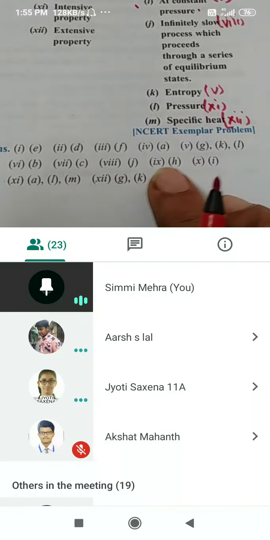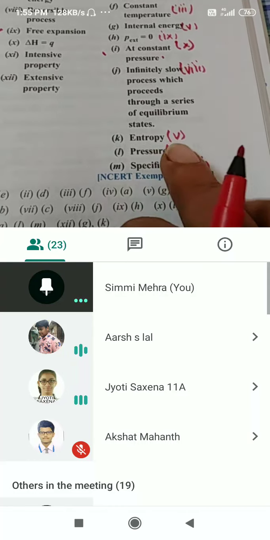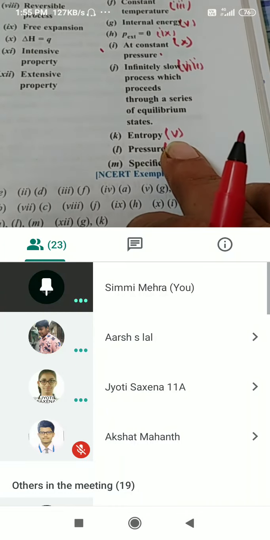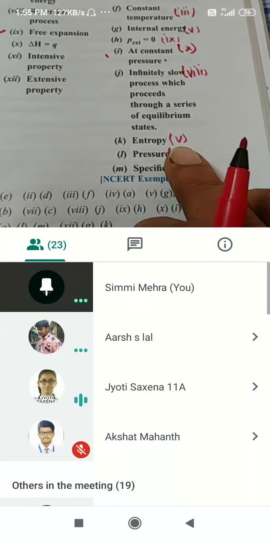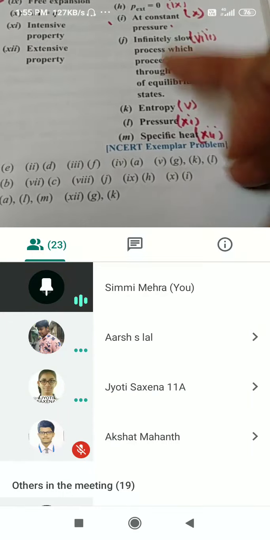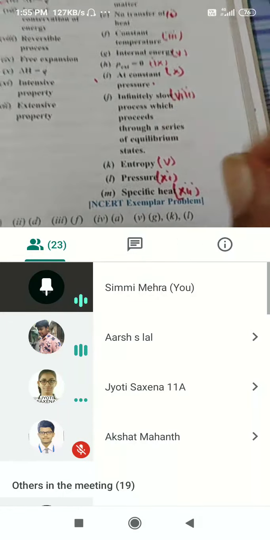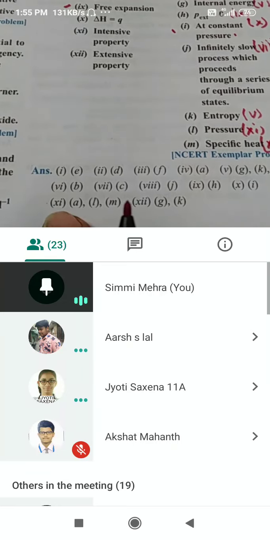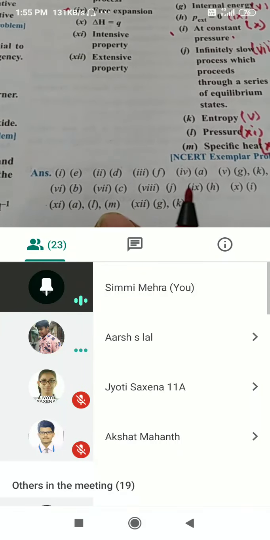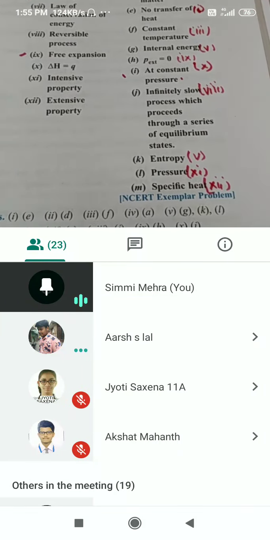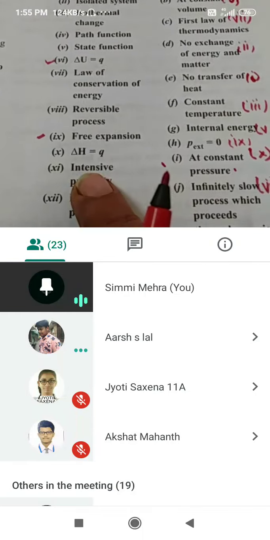Then come to ninth is H, correct here. And then 10th is 1, correct it is. And 11th is A, L, N. Let us see. Where is 11th one? What was the question?